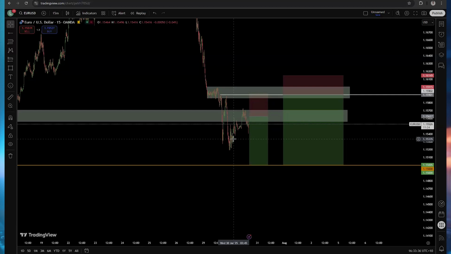Now, if you trade 1% risk, there are a few different ways of managing risk when you have two positions. The first one is quite simple: a fixed percentage or pips.